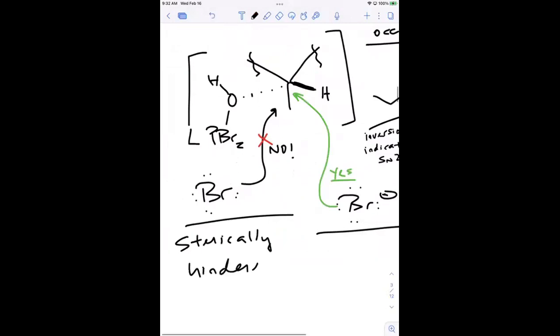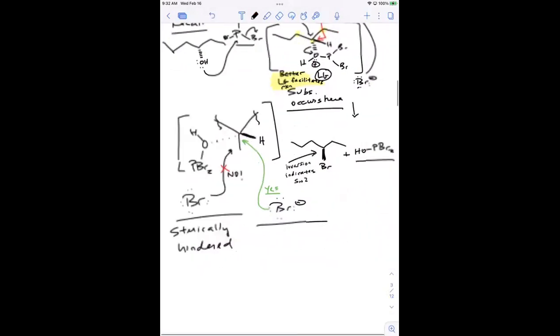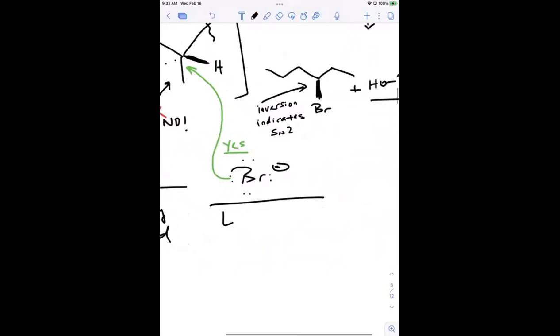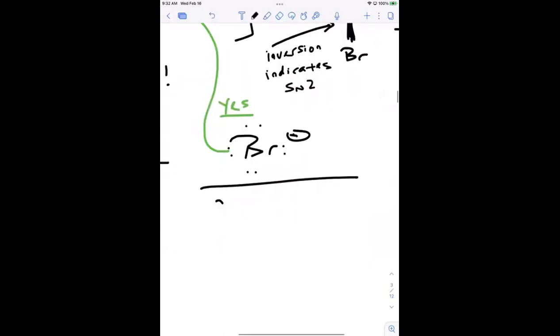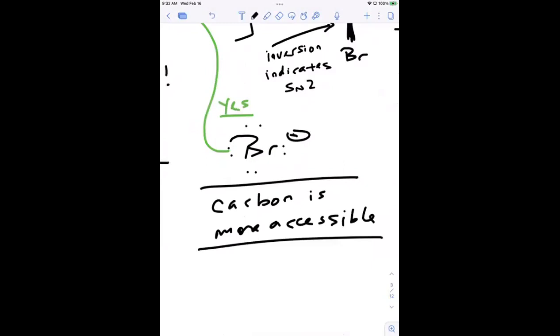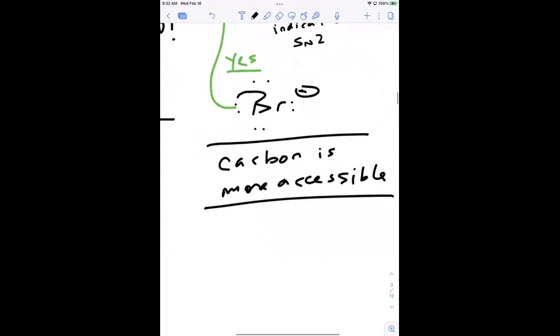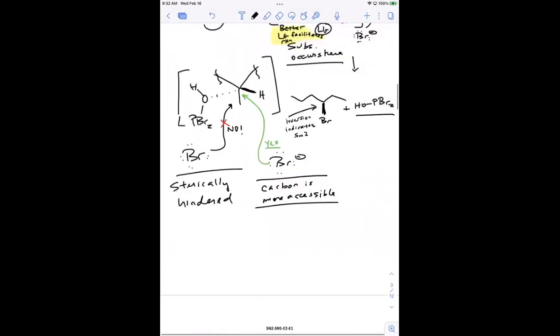Good. Right. And then on this side, I'm just going to say that the carbon is more accessible. So let me ask this question, since we've already talked about this in some sense.